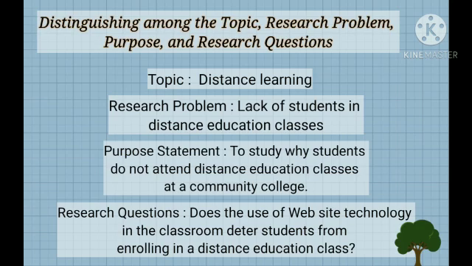And to study this problem, we can reformulate the problem into a statement of intent. This is the purpose statement: to study why students do not attend distance education classes at the community college. And the research question is, does the use of website technology in the classroom deter students from enrolling in the distance education class?